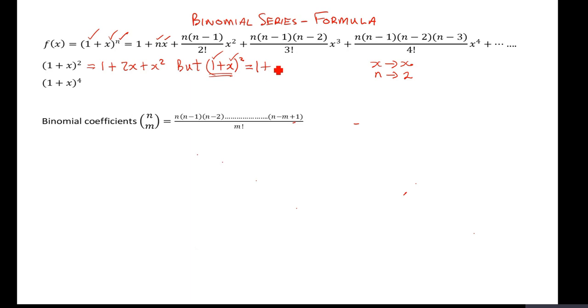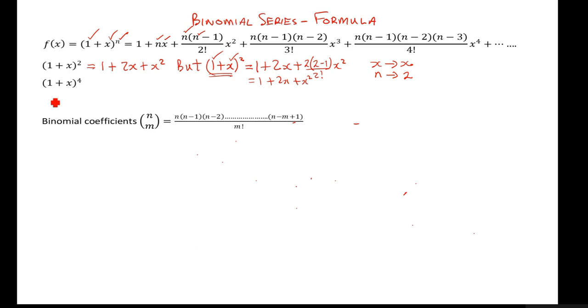Our n in this case is a 2, and then the x. The next term is n, which is 2, times 2 minus 1 over 2 factorial, x squared. And guess what? Simplify that, and what do you get? 1 plus 2x plus x squared, exactly what you did at school.